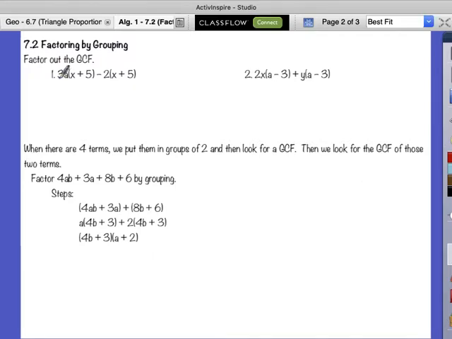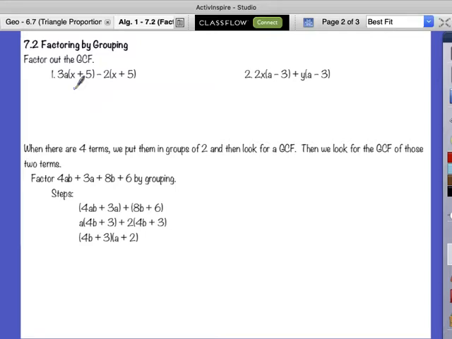So in this case, 3a and x plus 5 are factors because they are multiplying together. X is not a factor, 5 is not a factor, but x plus 5 altogether is a factor because it's multiplying with 3a. They are multiplying together, so by definition they are factors.